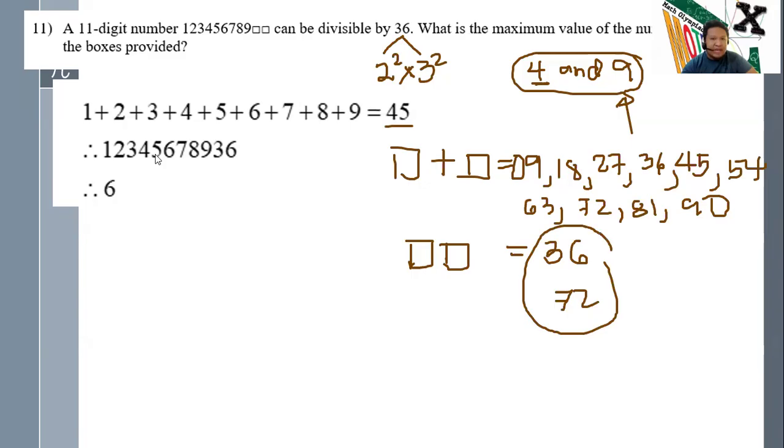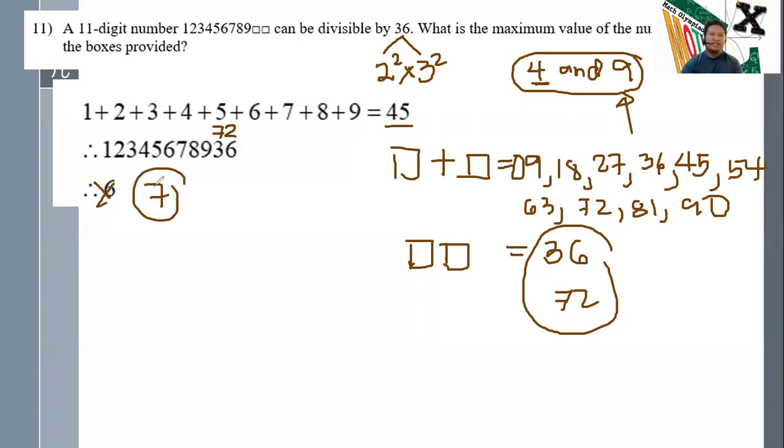So the answer to this question, what is the maximum value of the number in the boxes provided? We can have 72 also. So that should be 7, not 6 for this question.